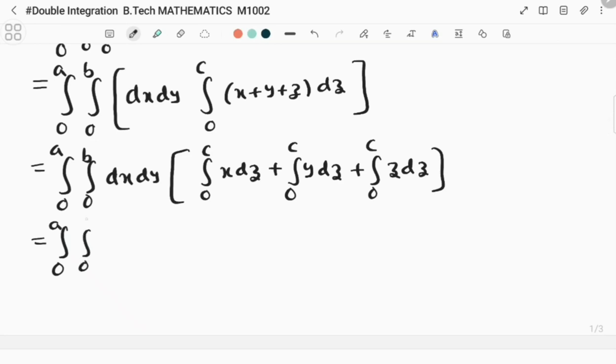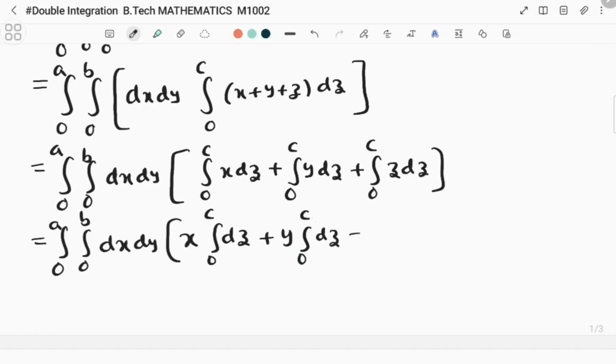So integral 0 to a, integral 0 to b, dx dy, x into integral dz is z, applying the limit 0 to c, plus y into integral dz is z, applying the limit 0 to c, plus c square by 2 minus 0. So we'll simplify here: integral 0 to a, integral 0 to b, dx dy, x into c minus 0, plus y into c minus 0, plus c square by 2.